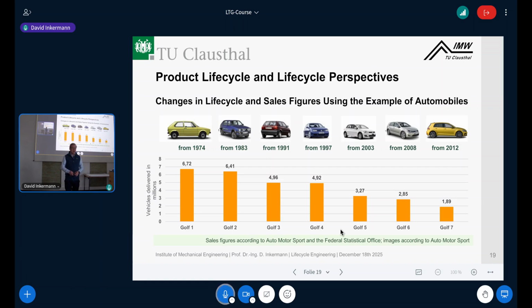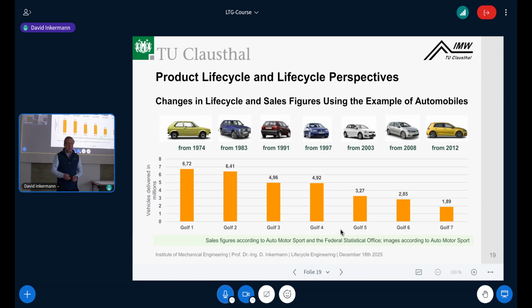So if you compare the different durations, first the Golf was available about 9 years, and the Golf 5 was available about 5 years, yeah?